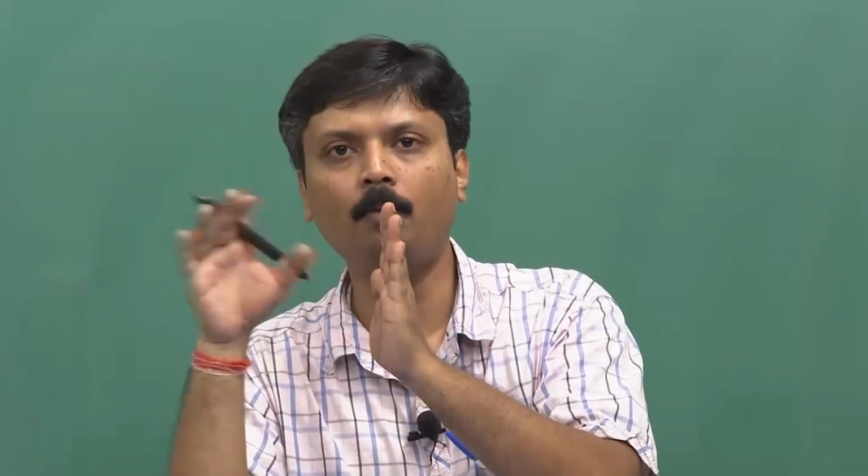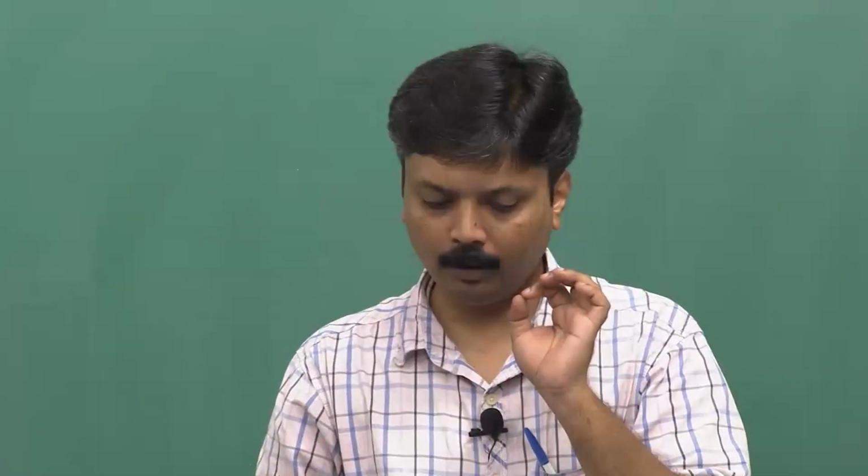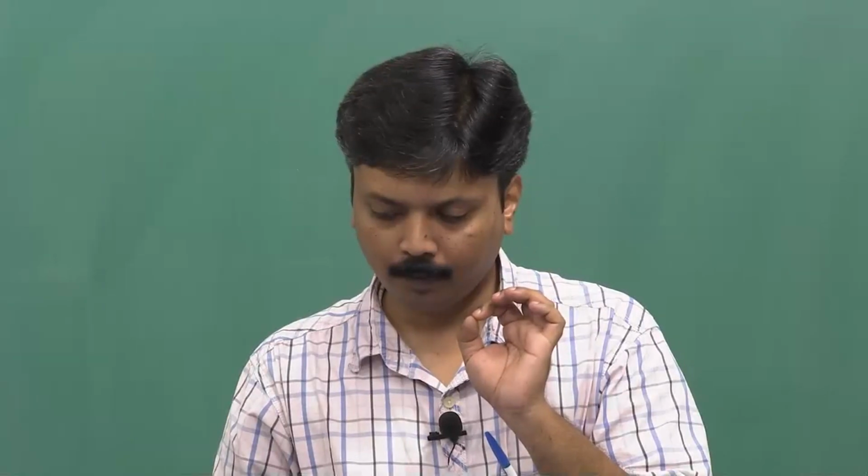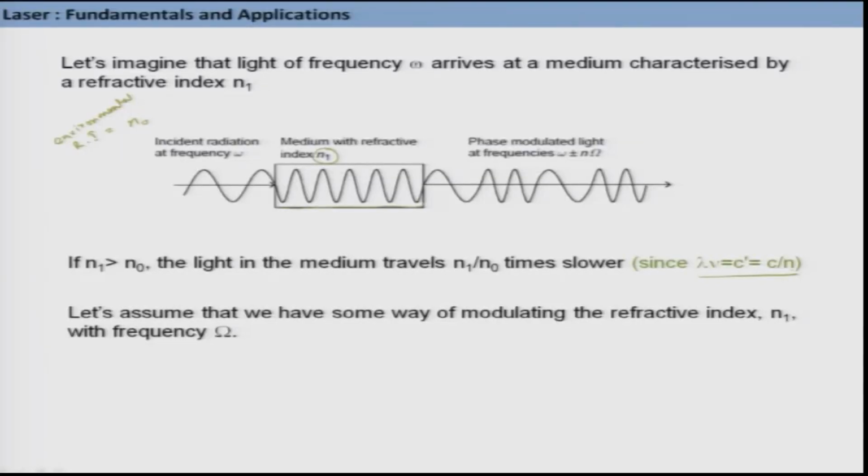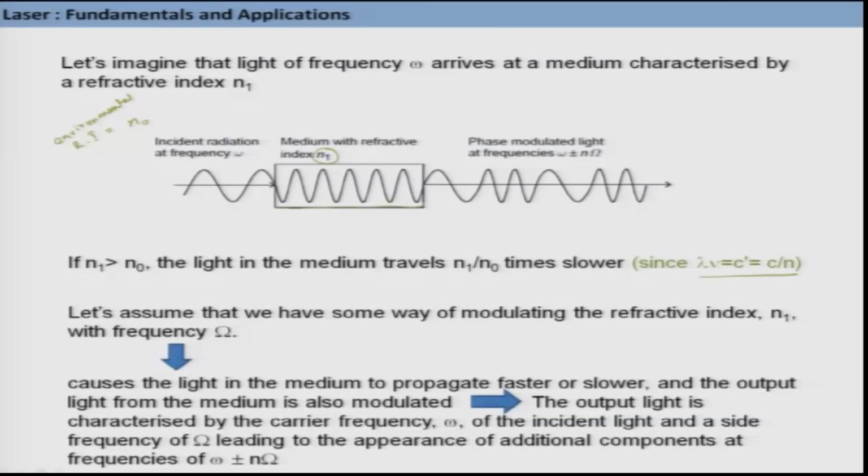I don't know how, but suppose I can do that with frequency capital omega. Now if I can do that, what will happen? It will cause the light in the medium to propagate faster or slower. It will make some change in the speed, and the output light from the medium will also be modulated.